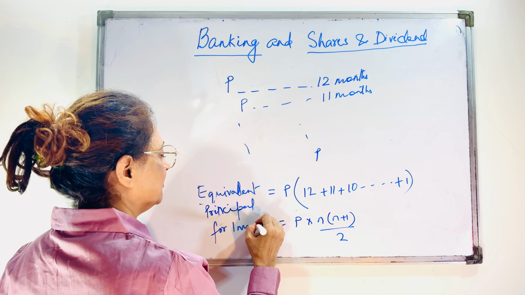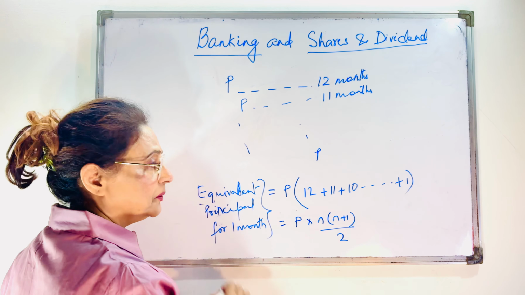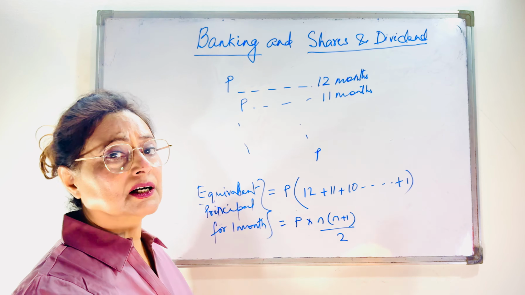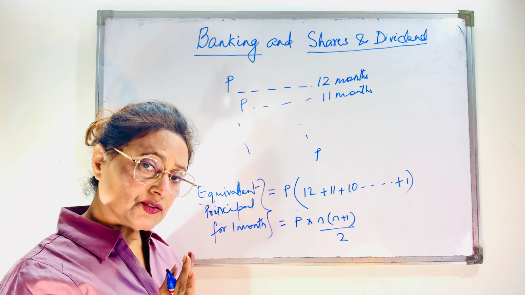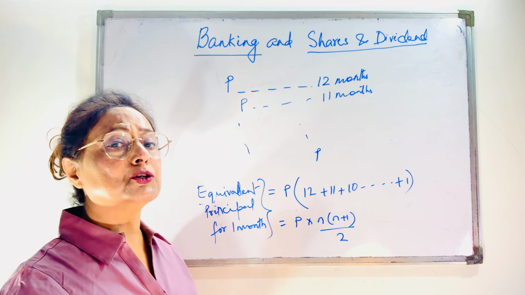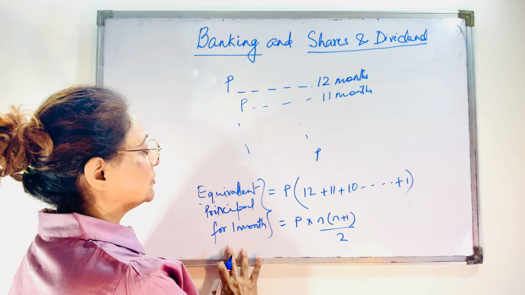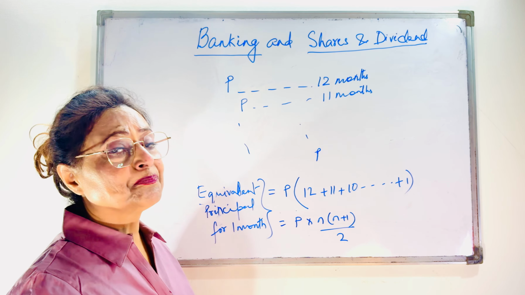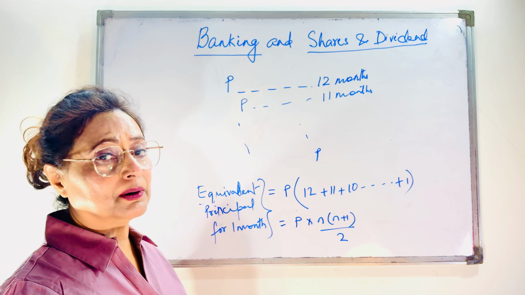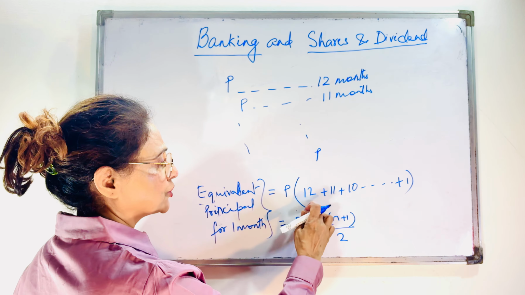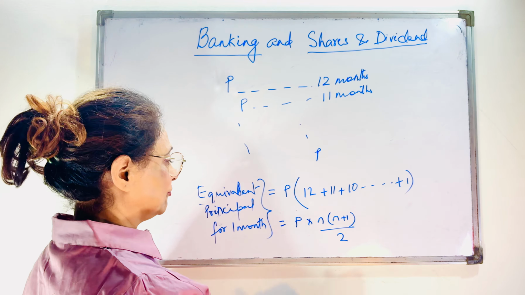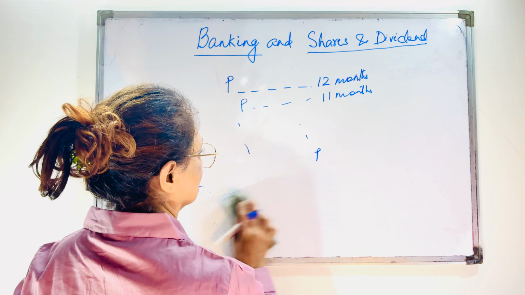That is, if I were to deposit the whole amount in one go, just for 1 month, how much would it be? So the equivalent principal for 1 month is P times n into n plus 1 by 2. In this case, 12 into 12 plus 1 by 2 would be the equivalent amount.